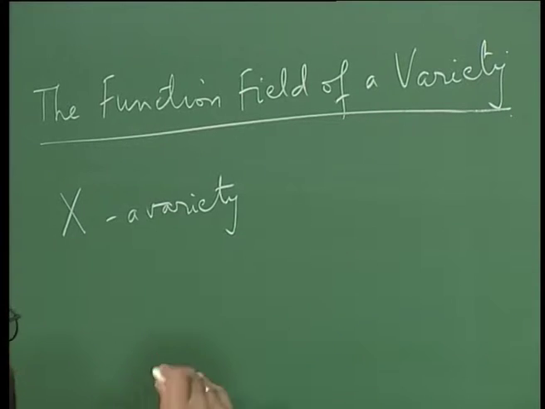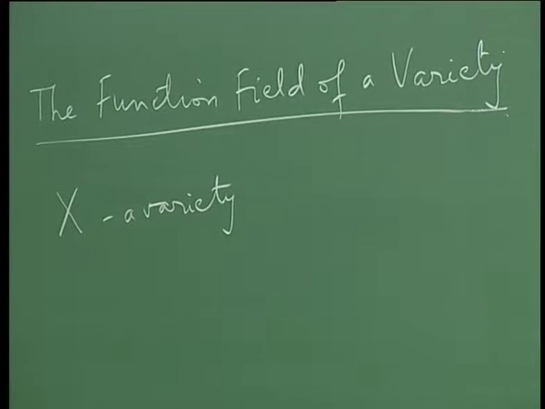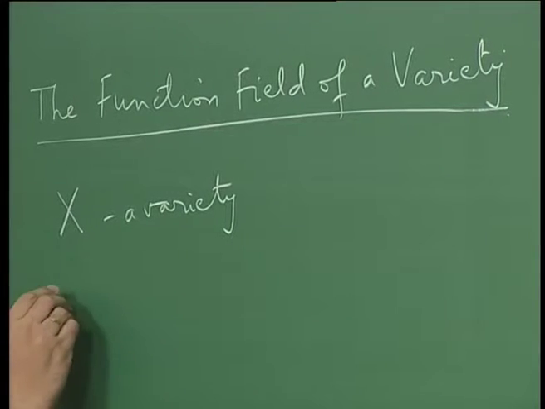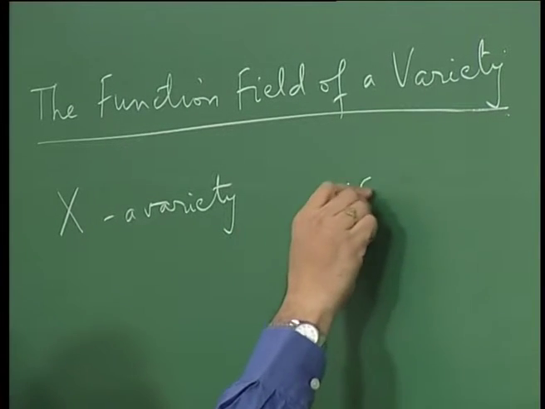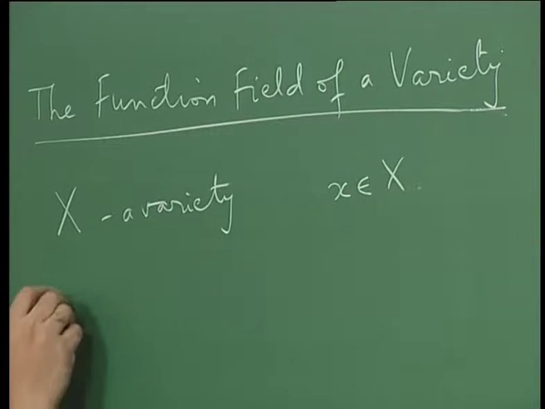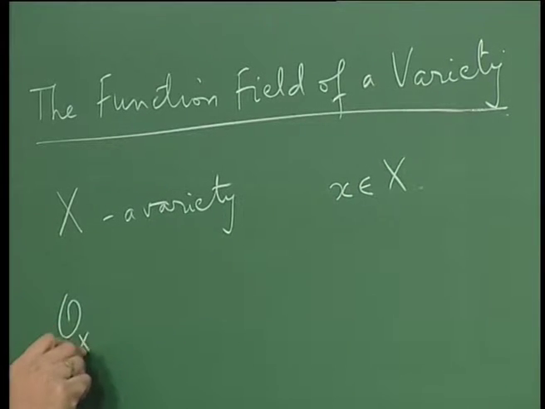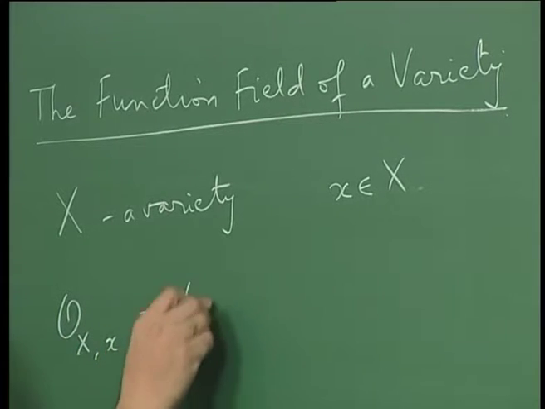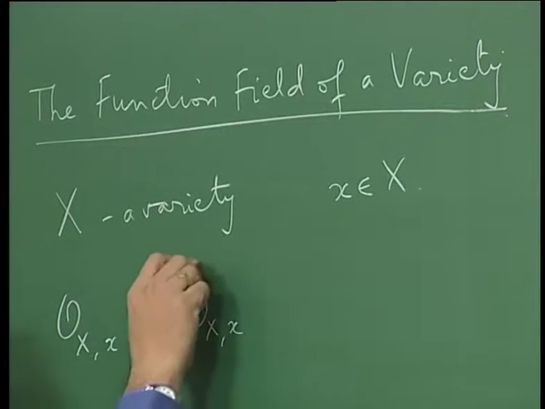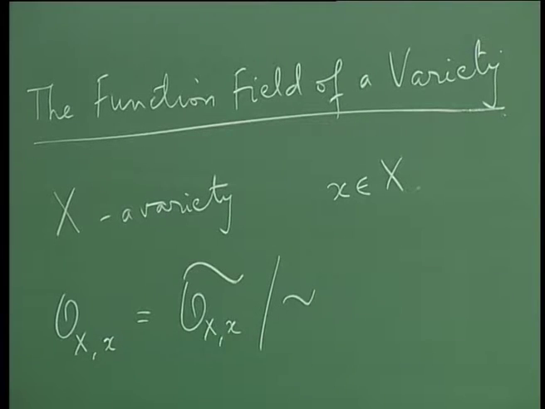How do you define the local ring at a point of the variety? If you have a point small x in capital X, then we defined O_{X,x}, the local ring of X at x, to be the set Õ_{X,x} modulo an equivalence relation.